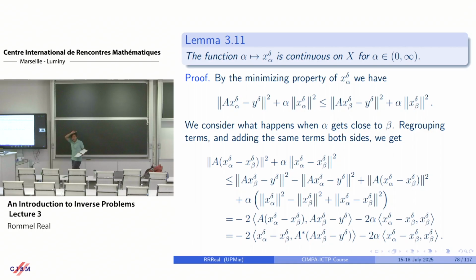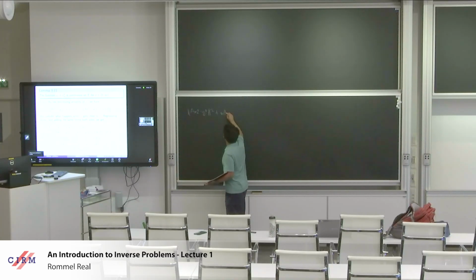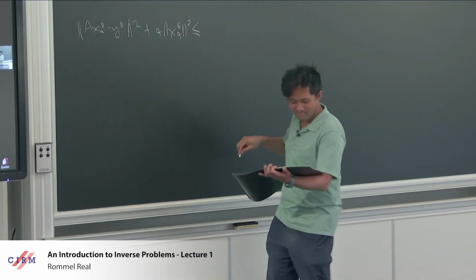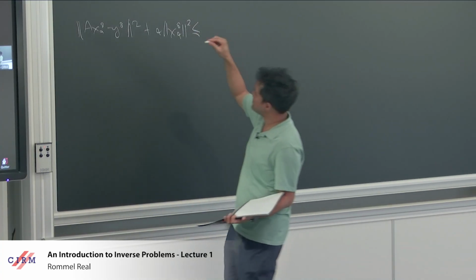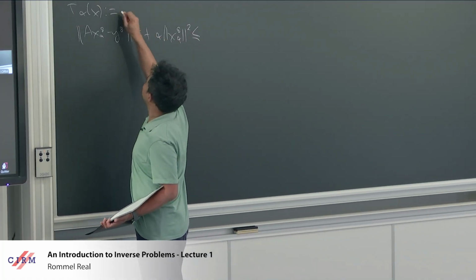So again, I will just shift from the lecture notes slides to the board. So from there, you can actually see this one. And this must be less than the value. But before that, let me just define p sub alpha of x to be this one.